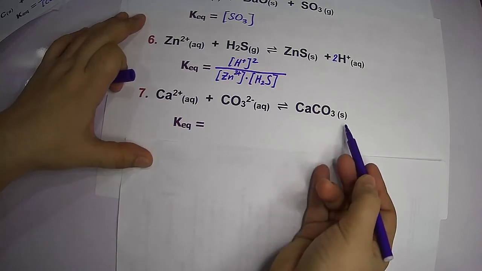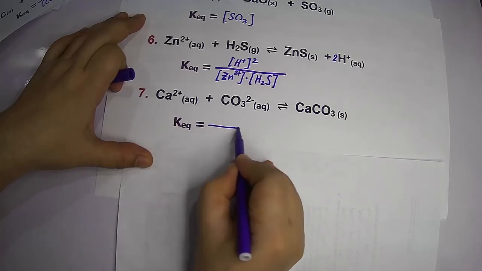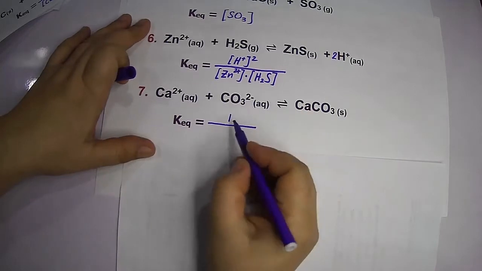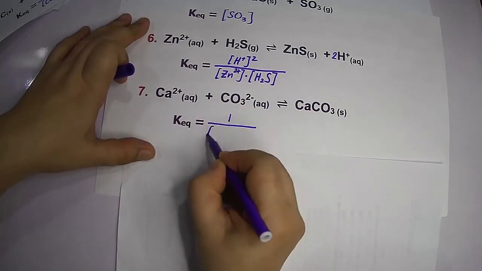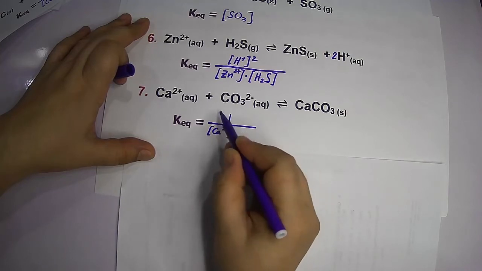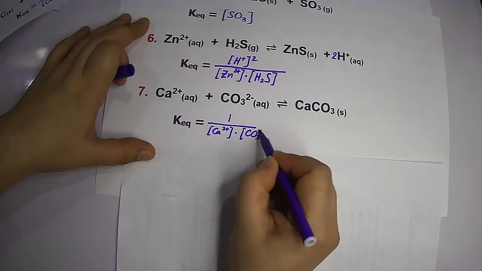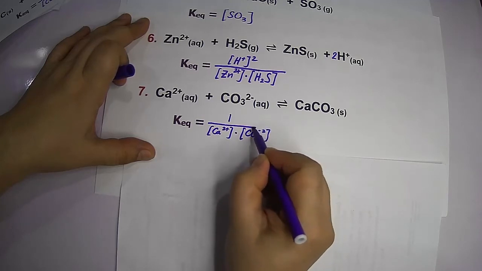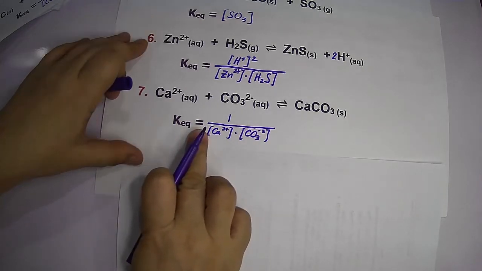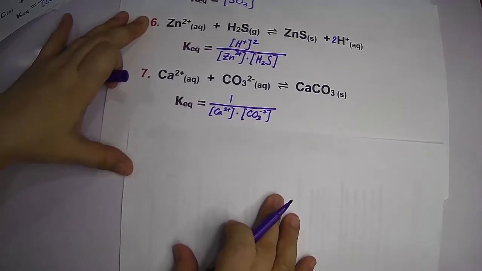Since the product is solid, the equation is already balanced, so we have only 1 in the numerator. And in the reactant side, in the denominator, we have calcium positive 2 raised to 1 multiplied by the carbonate negative 2. Again, we extend the main bar, and the main bar should be written between the equal sign, not above, neither below the equal sign.